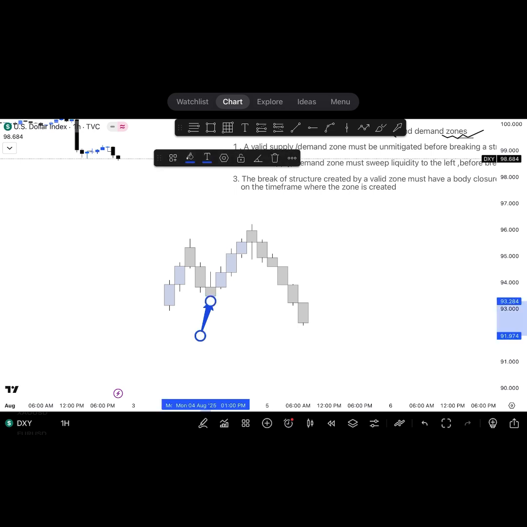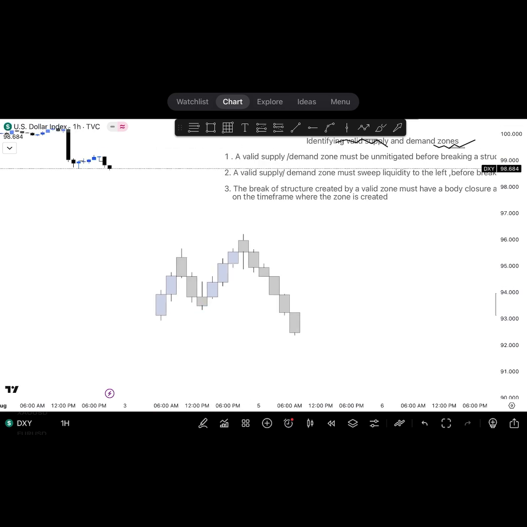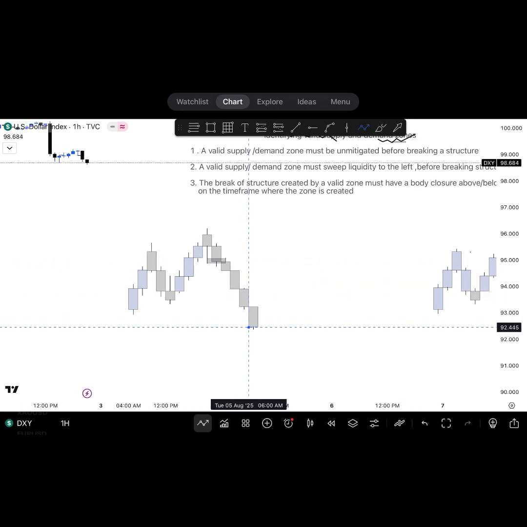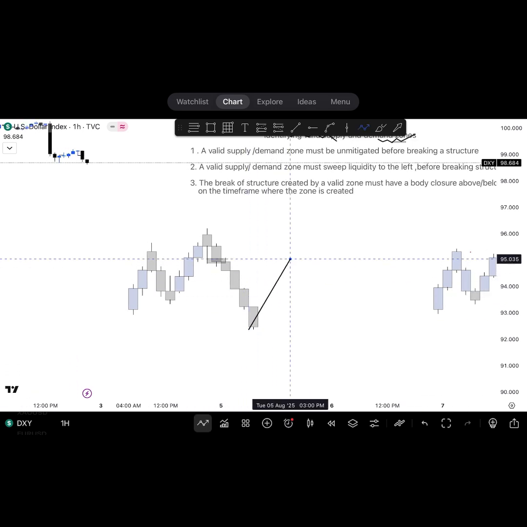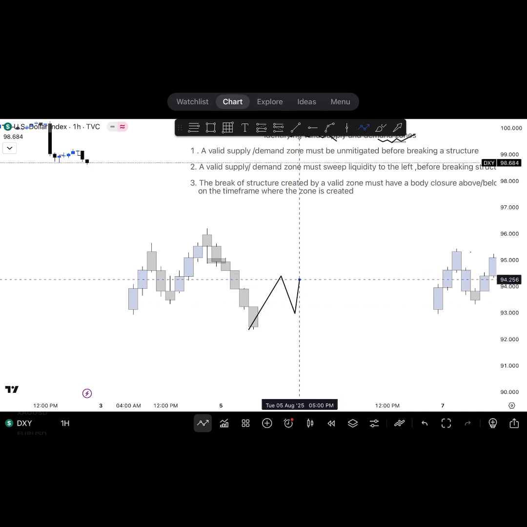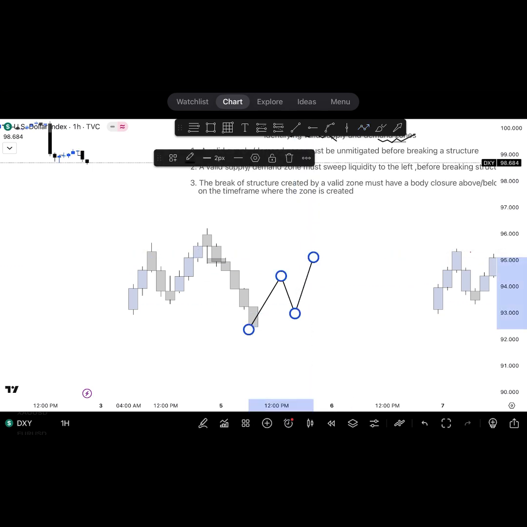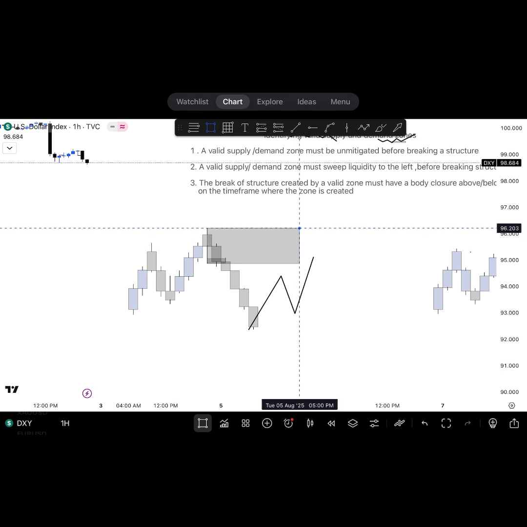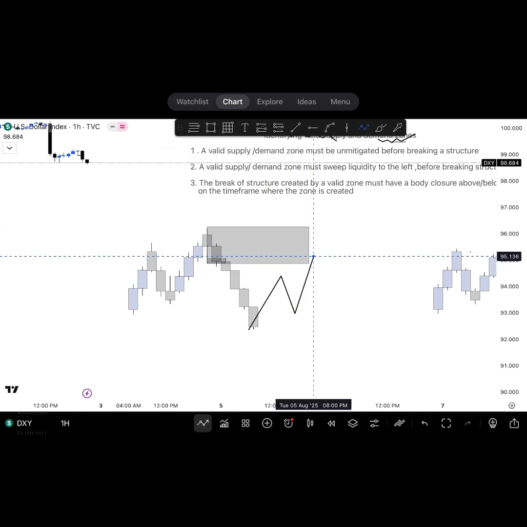So the second one, the supply zone right here, has been mitigated by this other one. So even if price should come up here and do something like this, thinking, okay, we are going to use this to sell, look at what is going to eventually happen.